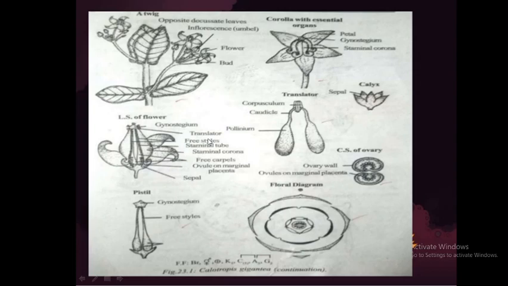Each translator ends below in an adhesive disc. Usually a staminal corona of 5 free lobes arises from the base of the filaments. Example, Cryptostegia.